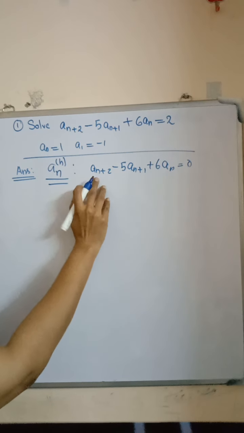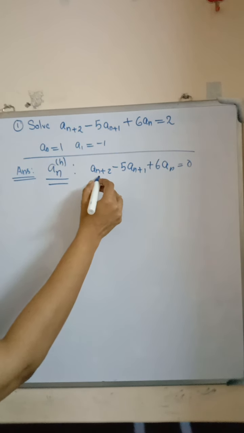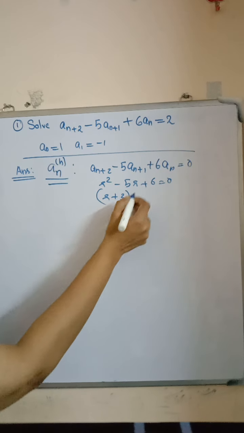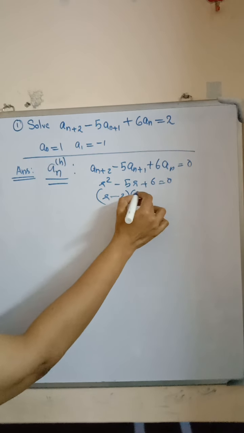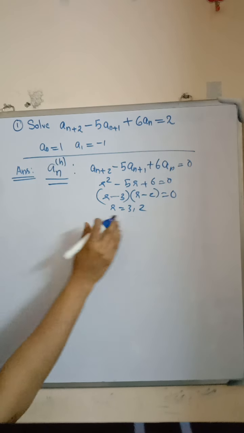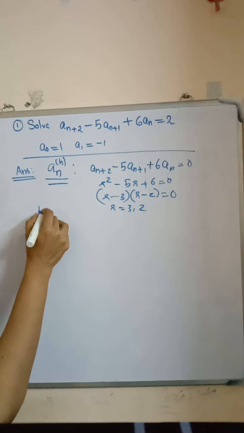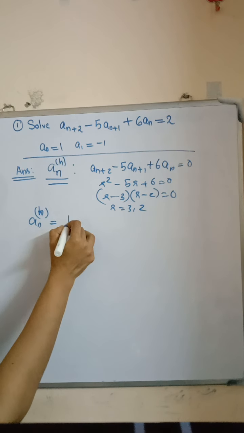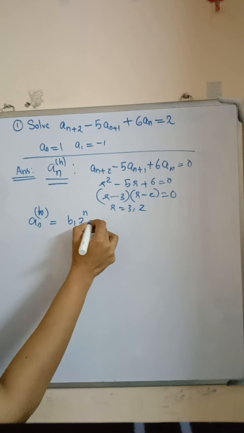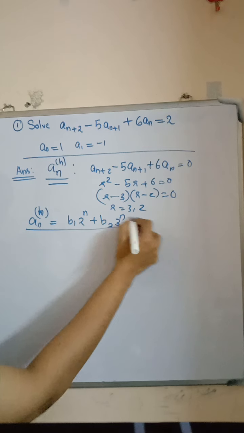So it is a second order recurrence relation, and so r square minus 5r plus 6 is equal to 0. r minus 3 into r minus 2 is equal to 0. So r is equal to 3 and 2. Here we have distinct real roots. Therefore an h is equal to b1 2 raised to n plus b2 3 raised to n. That's equation number 1.